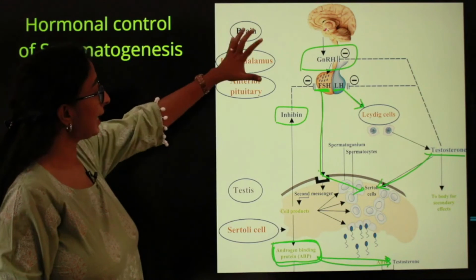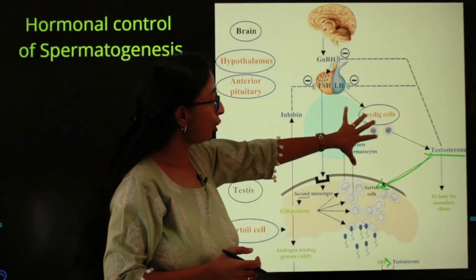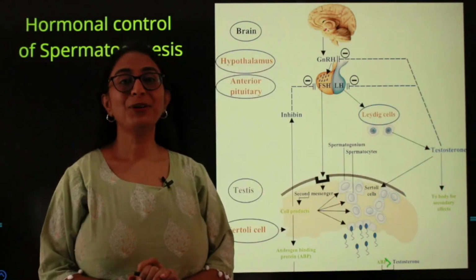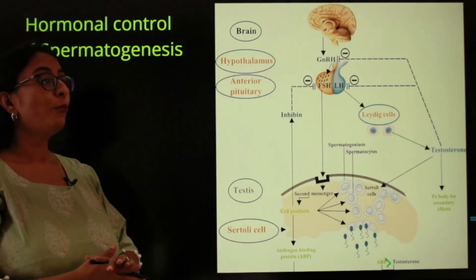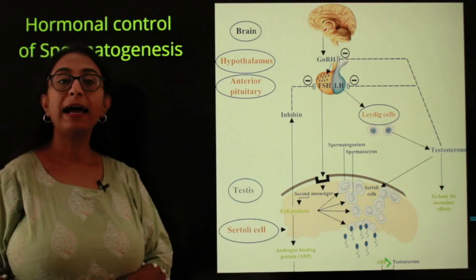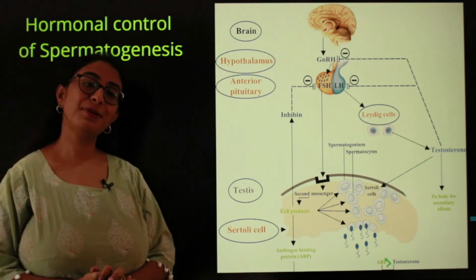So these are the various hormones involved in the process of spermatogenesis. I hope you got a clear picture of what spermatogenesis is, what the structure of the sperm is, and what the various hormones are which control the process of spermatogenesis.